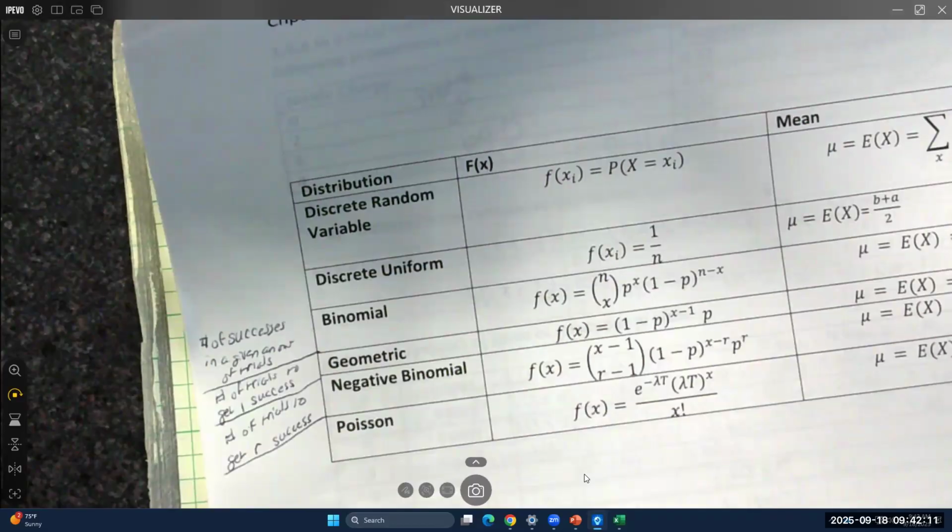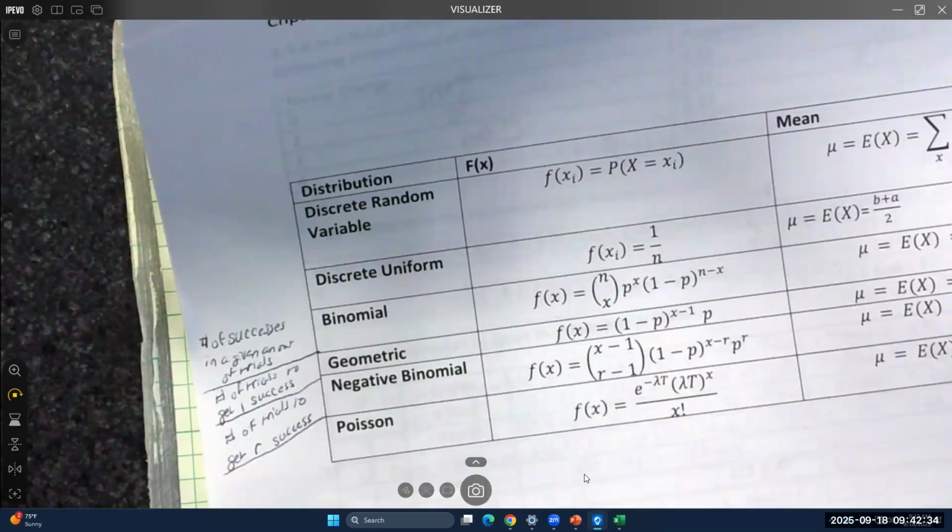If you're given a probability of failure, you've been given 1 minus p. You need to know p, right? So you're going to be given a variable, either a probability of success or a probability of failure. From that, you'll know the other one. And you're going to either be given a specific number of trials or a specific number of successes.